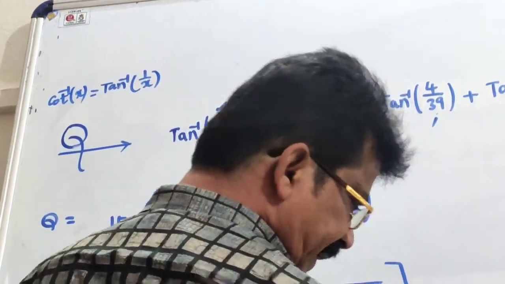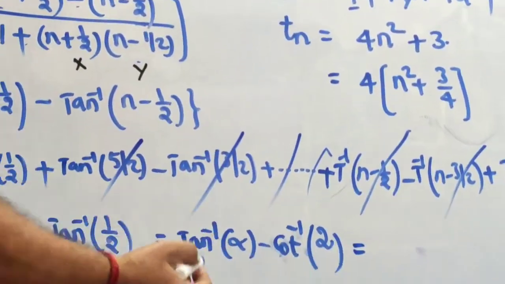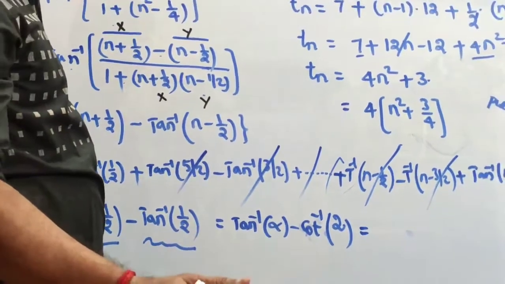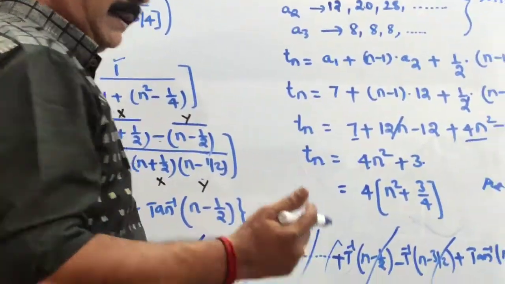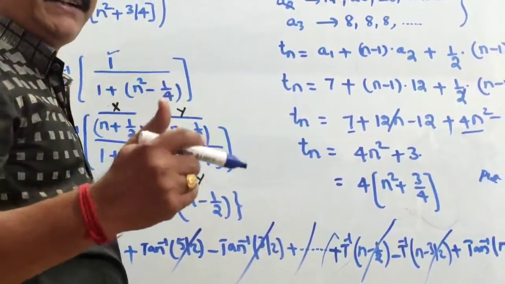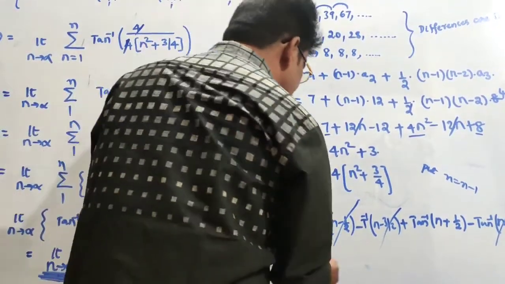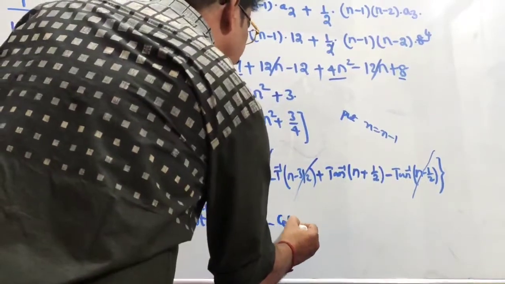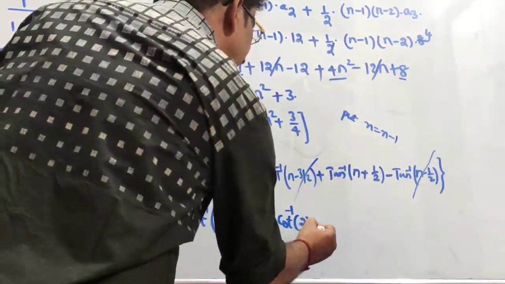Okay, already 2 is positive. Next, what about tan inverse of infinity? Tan 90 degrees equal to infinity. So 90 degrees equal to tan inverse of infinity. So it is 90 degrees, means pi by 2, minus cot inverse of 2.